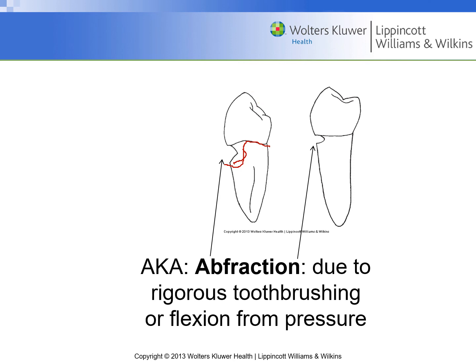Maybe it's directly where the cusp tips are going like this, and so every time they close, instead of fitting like it's supposed to fit, it's constantly having this force come down on it, and it's constant through their life. And so little rods break off in here because of flexion. It's kind of pushing the tooth down and hitting the tooth, and it starts to weaken on one side or the other.